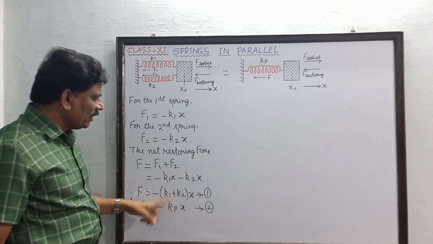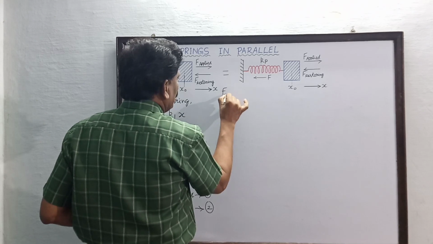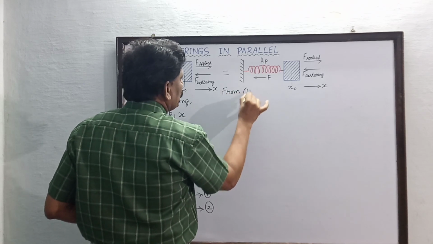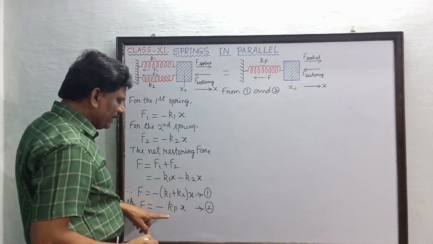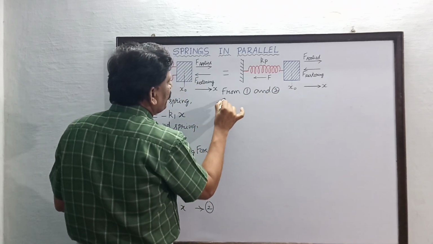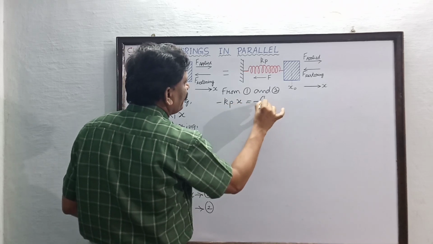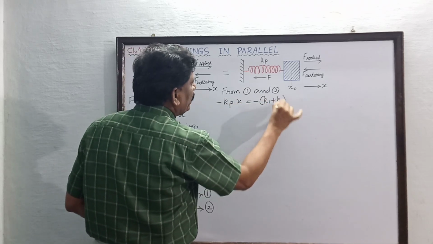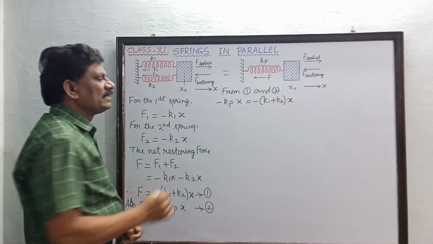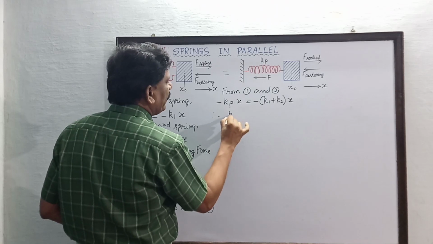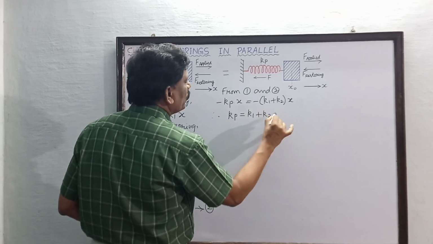So when we equate the right hand sides, minus Kp into x is equal to minus of K1 plus K2 into x. Cancelling the constants on both sides, therefore K parallel is equal to K1 plus K2.